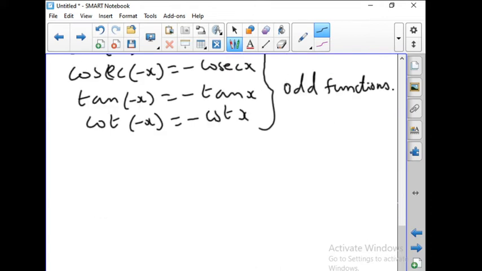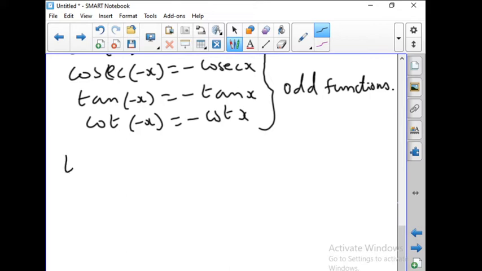A table is given in your book on page number 131. The domain and range of the trigonometric functions are given. All the functions, domain and range are given, so see that table and memorize it.